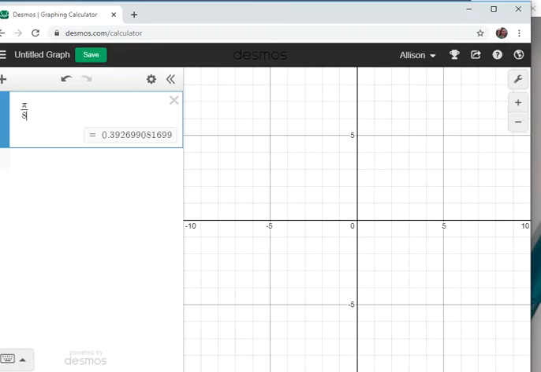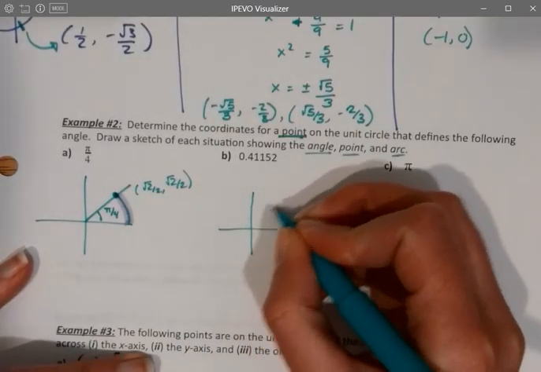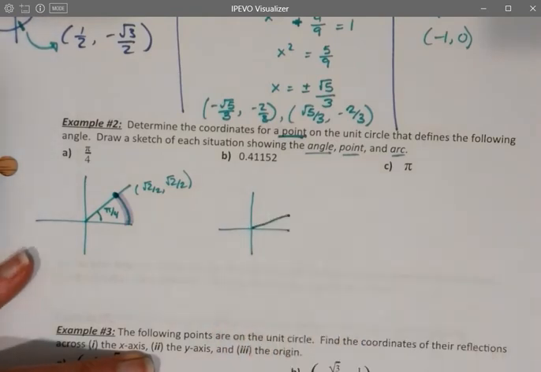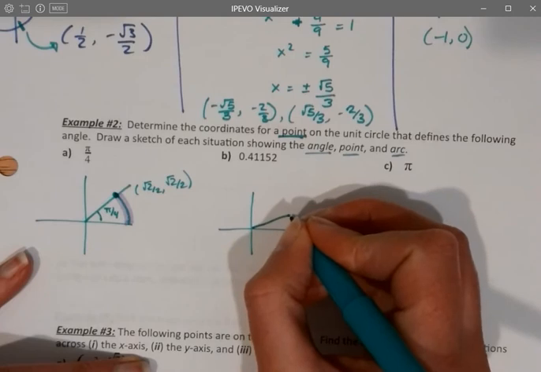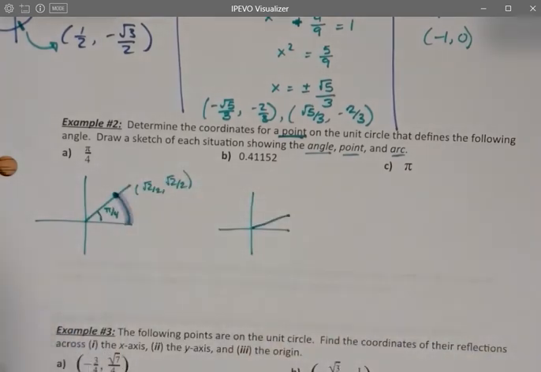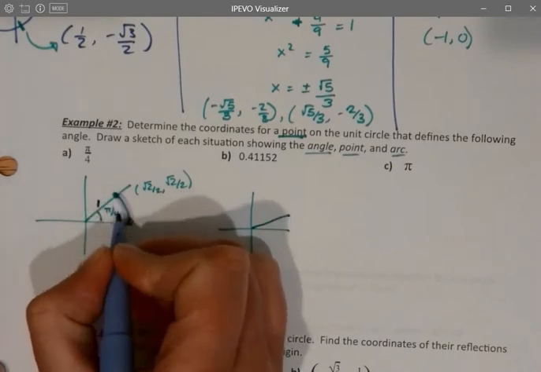Okay, so back over to my picture. If I eyeball out where pi fourths would be, I can eyeball out where half of that, where pi eighths might be, and that's going to get me close. All right. So on the unit circle, when I drew my scale, I was assuming that my radius was 1 to the point on the arc that I drew.